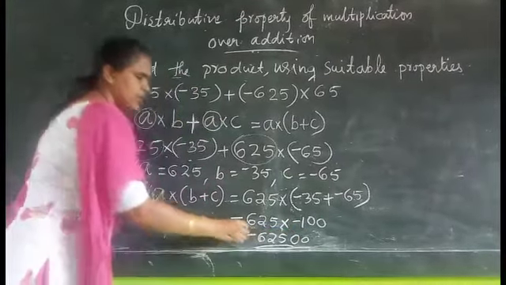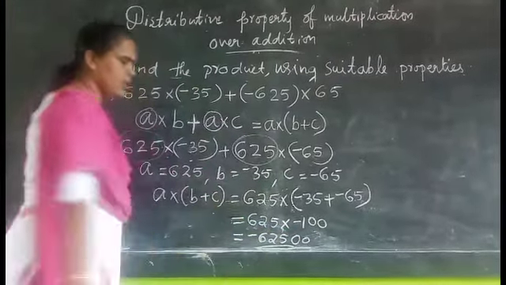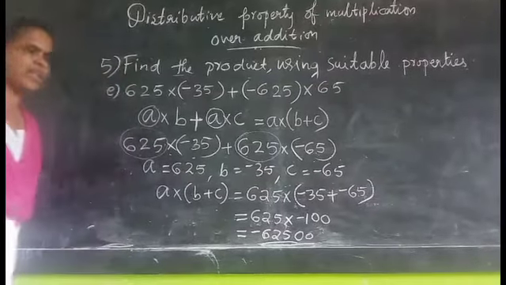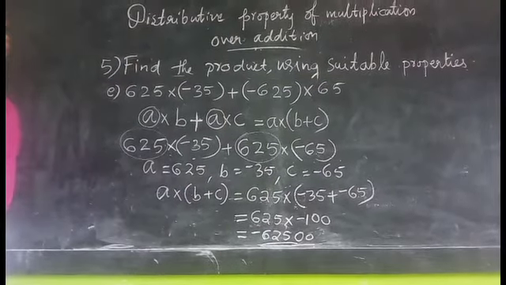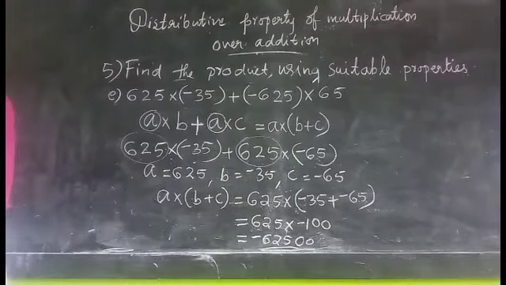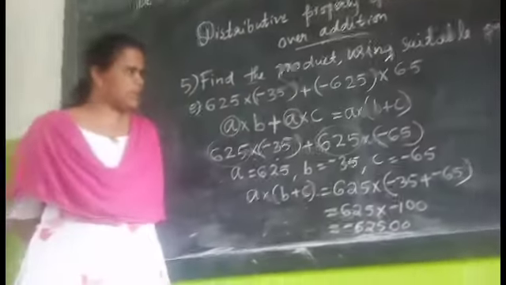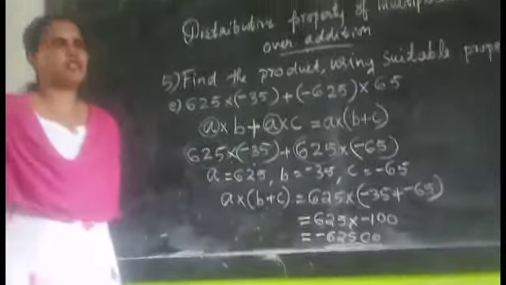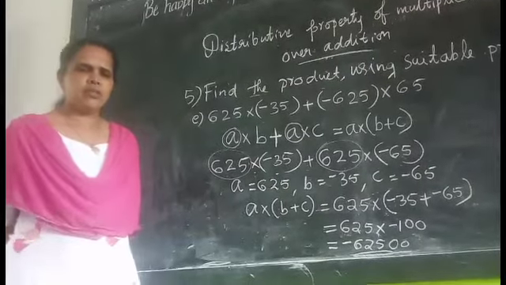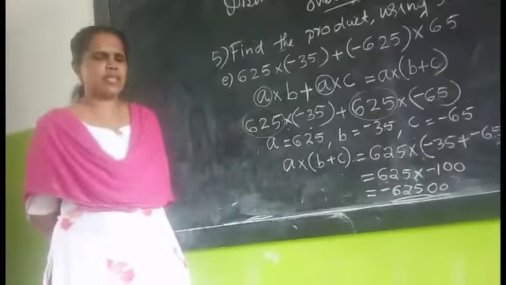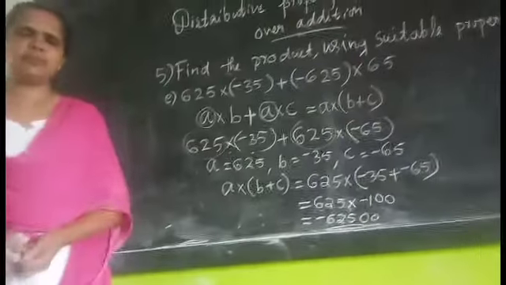That means negative 62,500. Okay, I think you learned this distributive property of multiplication over addition. So we can go through the next properties.